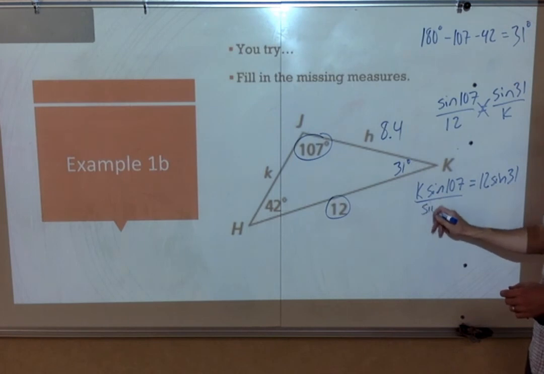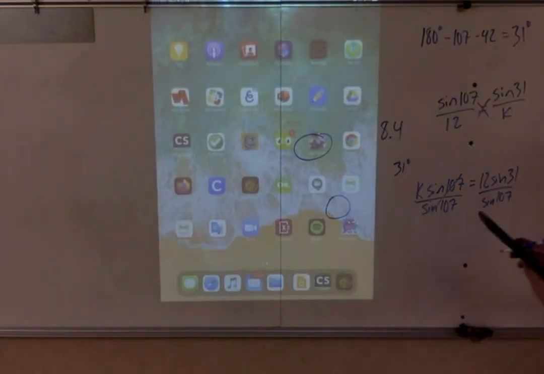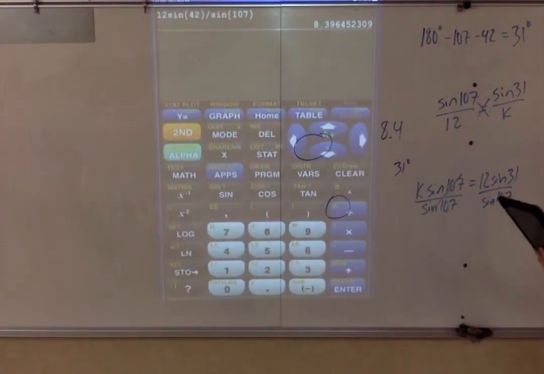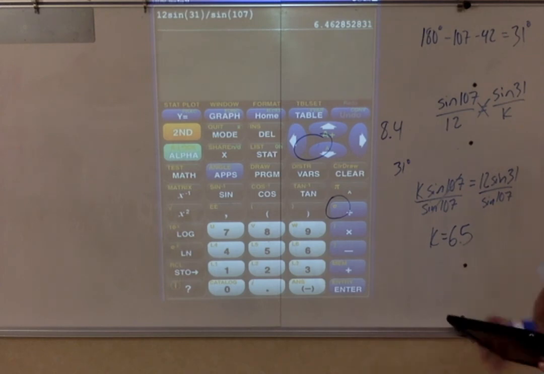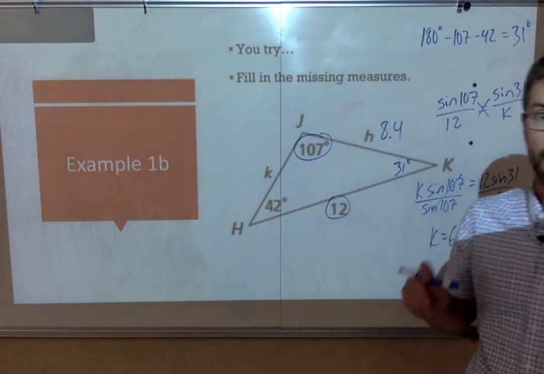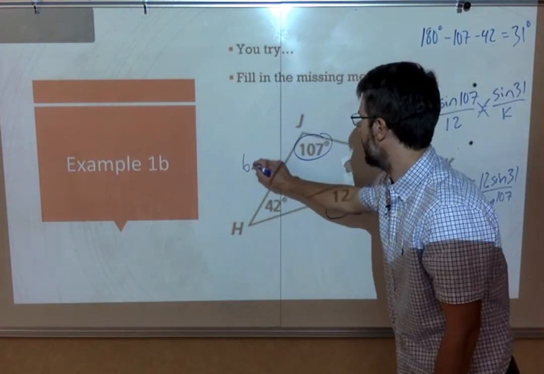And divide both sides by sine of 107. That cancels out, and what we're left with is 12 sine 31 divided by sine 107, about 6.5. All right, so about 6.5 right there.